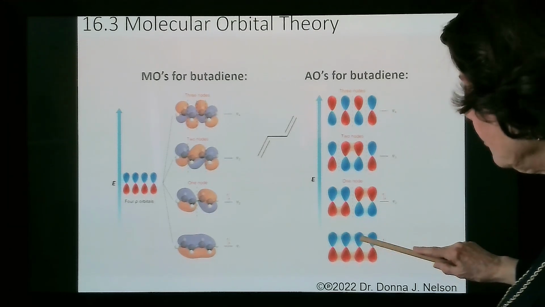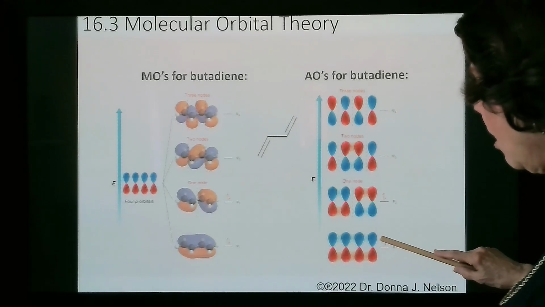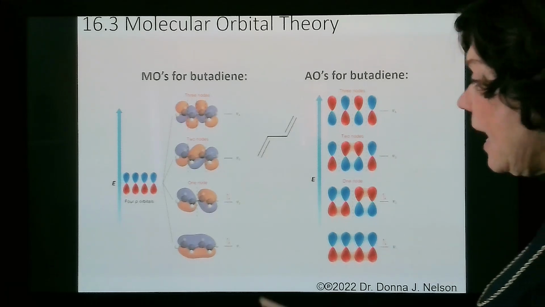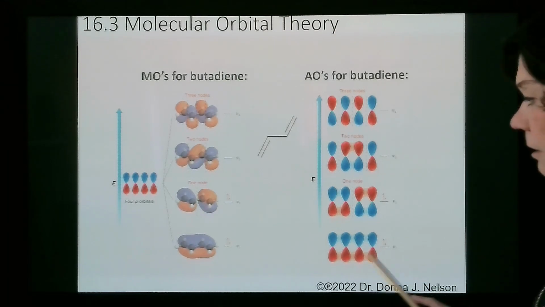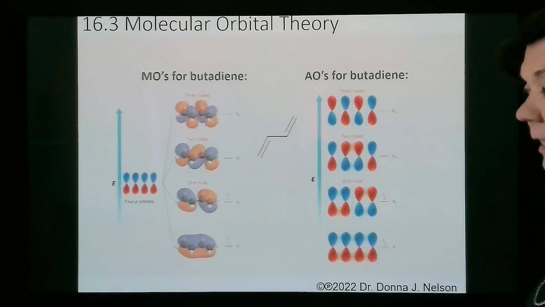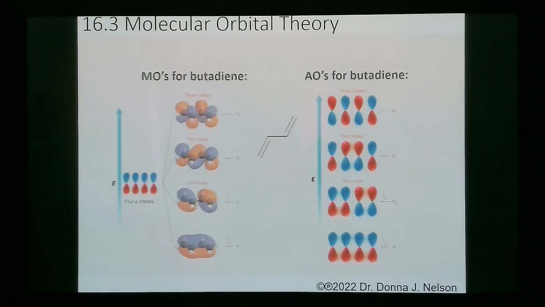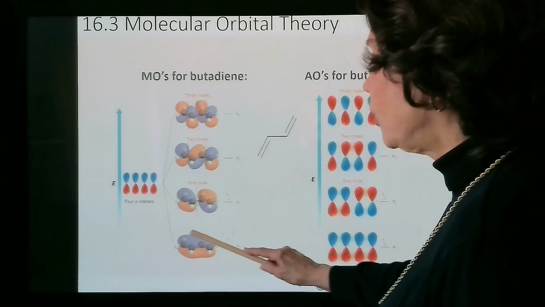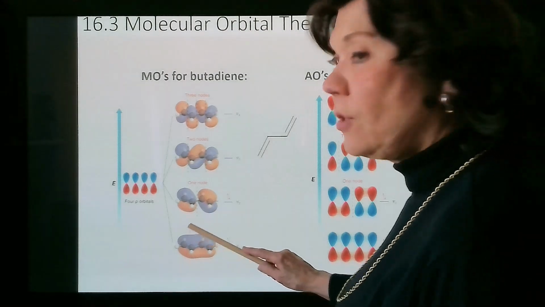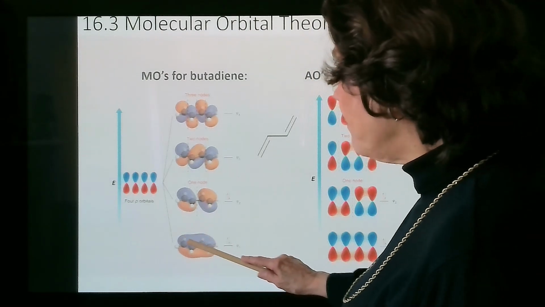Here there's a constructive interaction across all four of the atoms. And you can think of this as an atomic orbital representation of the molecular orbital. This molecular orbital is much closer to what actually exists. And that orbital is just a region of space in which the electron, the pi electron, might be found.